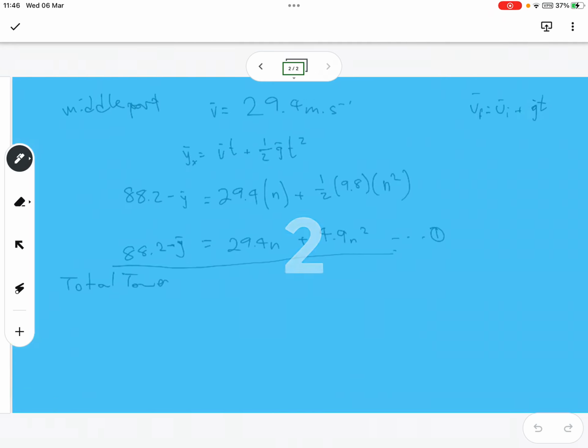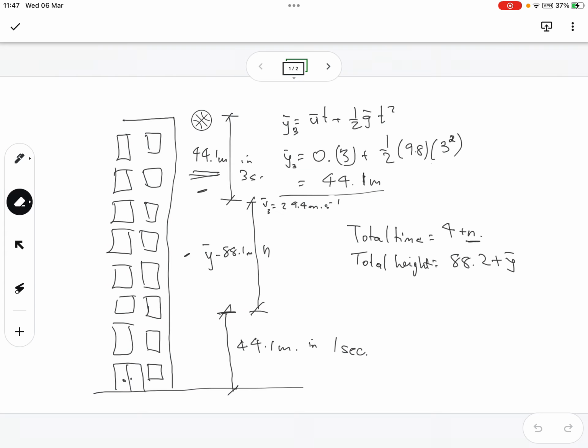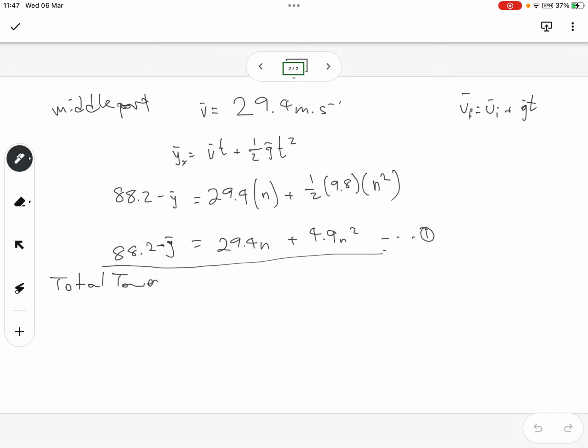And then our velocity... Wait, if we're doing the middle part, the middle part is the total height of the tower minus 88.2. It should not be 88.2 minus y on this page, it should be the other way around.